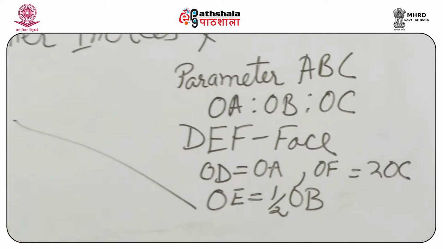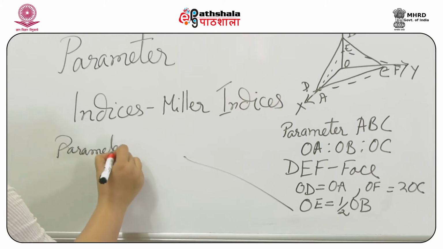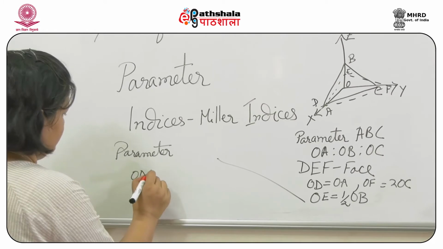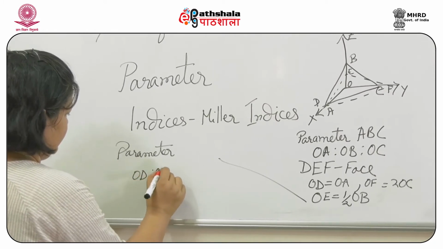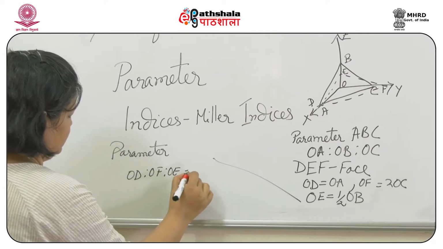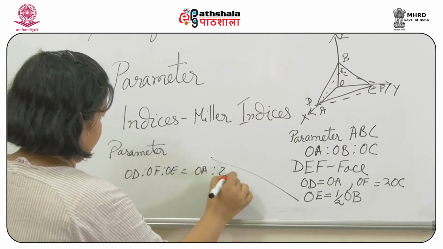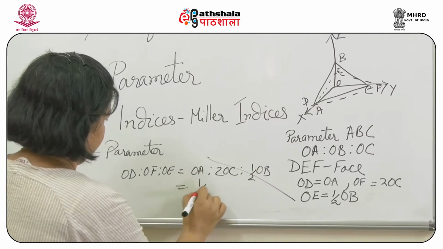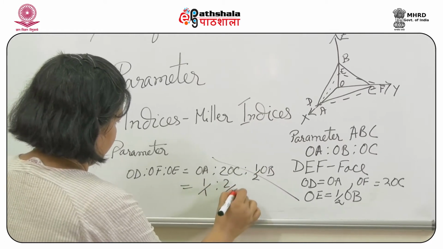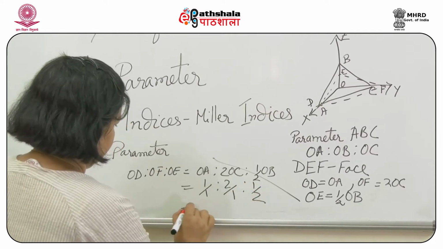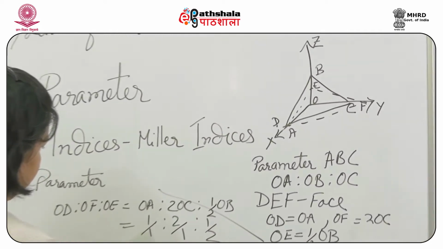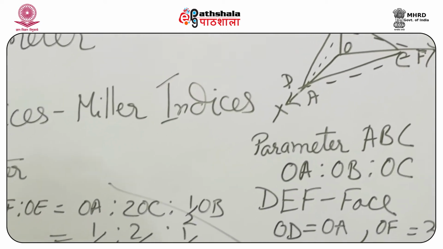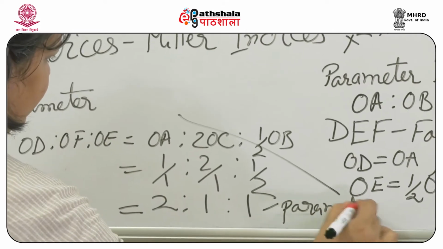So the parameter for this face will be OD is to OF is to OE equal to OA is to twice OC is to half OB. So that is 1 by 1 is to 2 by 1 is to half. So we have 2 is to 1 is to 1, which is the parameter for this crystal face DEF.